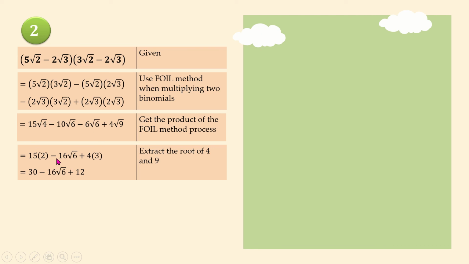So copy the sign and add the numbers: negative 16. Copy square root of 6. Next, 15 times 2 is 30. Copy minus 16 square root of 6 plus 12, since 4 times 3 is 12. Add 30 and 12, so 30 plus 12 is 42. The answer is 42 minus 16 square root of 6.